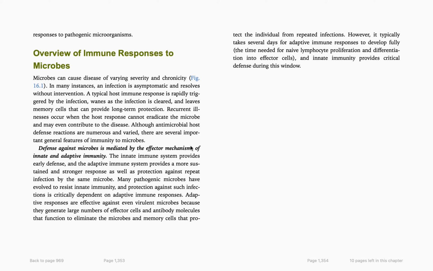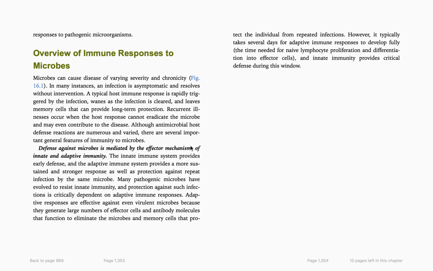Defense against microbes is mediated by the effector mechanisms of innate and adaptive immunity. The innate immune system provides early defense, and the adaptive immune system provides a more sustained and stronger response, as well as protection against repeat infections by the same microbes.